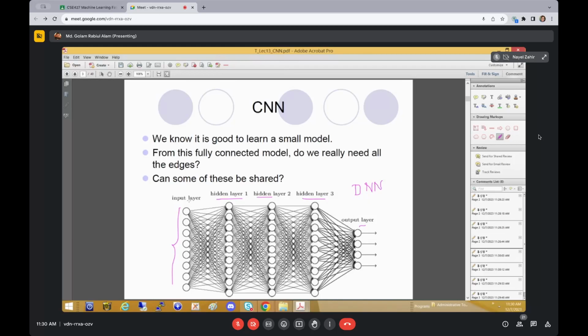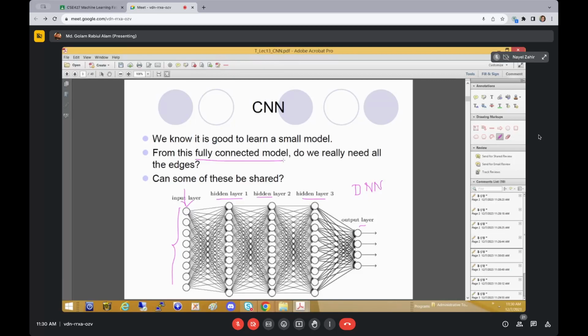For a fully connected network, each neuron of the input layer connects to each neuron of hidden layer 1. Similarly, each neuron of hidden layer 1 connects to each neuron of hidden layer 2, each neuron of hidden layer 2 connects to each neuron of hidden layer 3, and finally each neuron of hidden layer 3 connects to each neuron of the output layer.